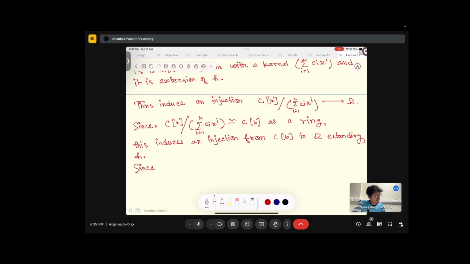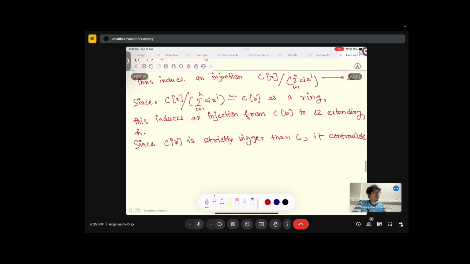Since Cb is strictly bigger than C, it contradicts maximality of C, H. Hence C equals B, and we are done.